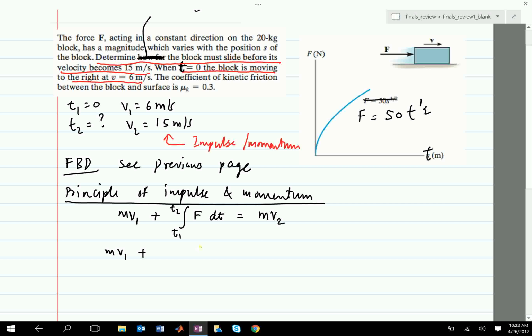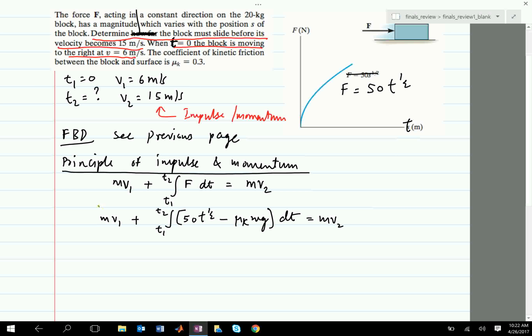So mv1 plus the integral of the net force, which is 50 t raised to half minus the friction force, which is mu k mg, dt from t1 to t2, equals mv2.